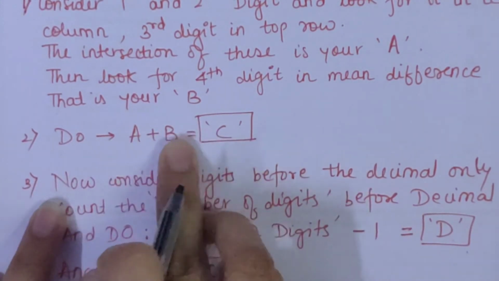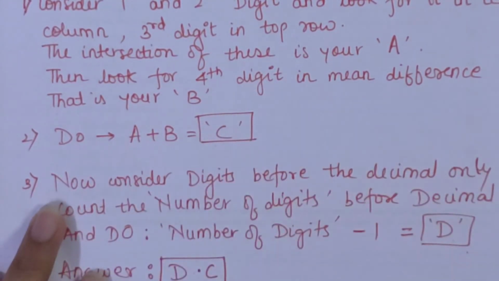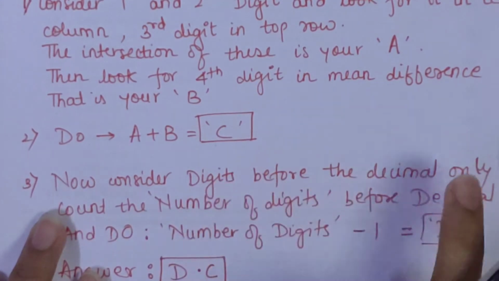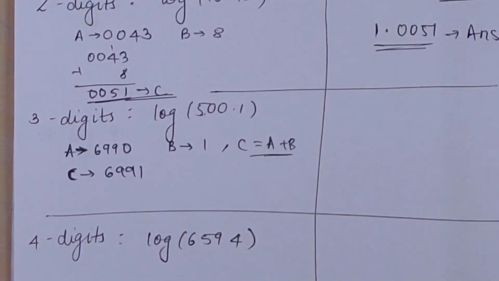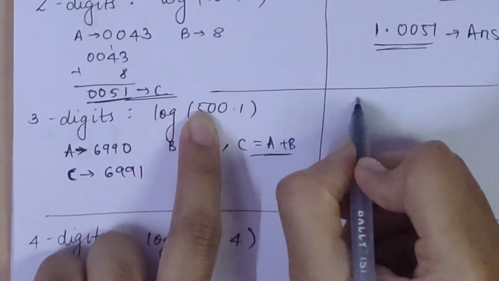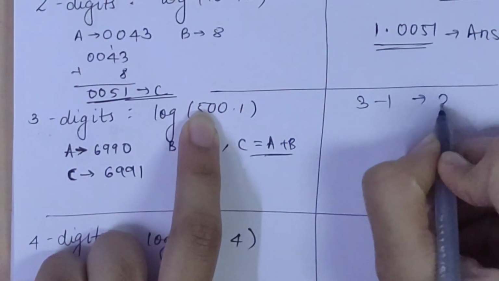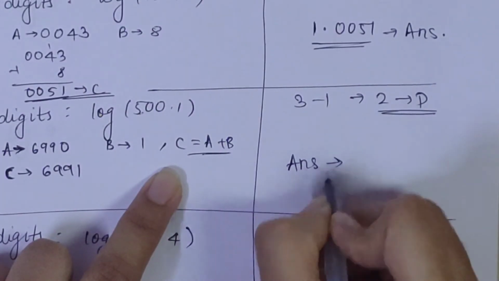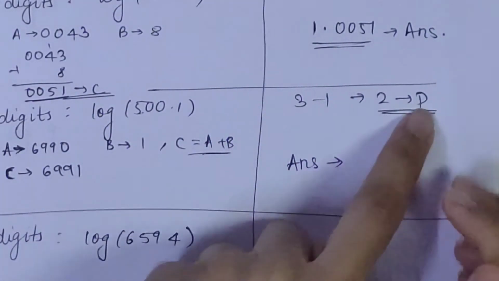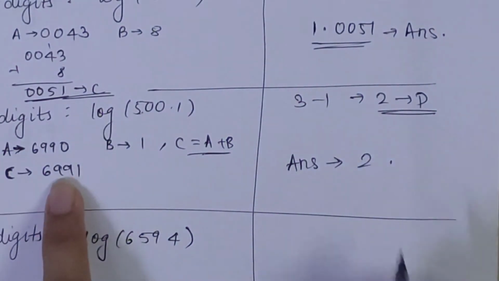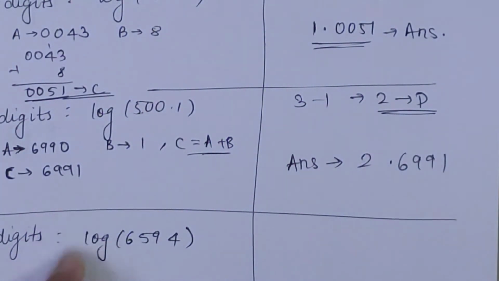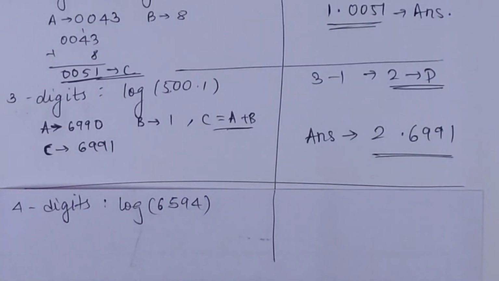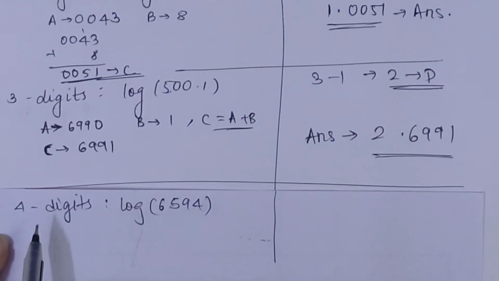That is, I've added A plus B. That gave me C. Now consider digits before the decimal point and do number of digits minus 1. So number of digits is 1, 2, 3. 3 minus 1, that is 2, and that gives me my D. So answer will be D point C. D is 2, point C 6991, and that's it. That's your answer.